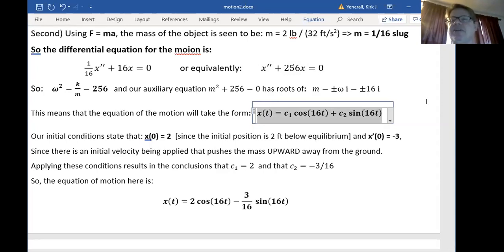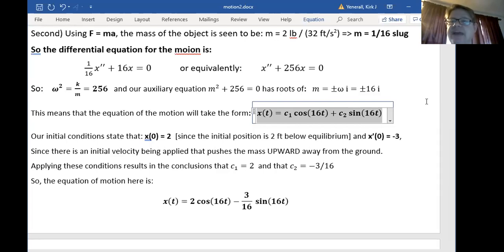Remember, one of the initial conditions was that we had moved the mass to 2 feet below its equilibrium position. And remember, coming down from equilibrium is in the positive direction. So x of 0 equals positive 2. And the other initial condition was that we were going to release it pushing upward with initial upward velocity of 3 feet per second.